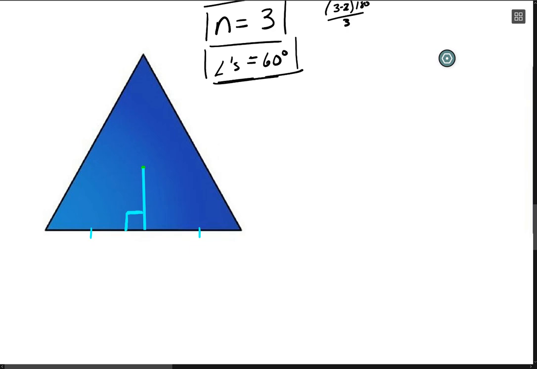The radius goes from what? The midpoint, no. What does it say about radius? The distance from the vertex to the center of the polygon. Okay. So, there to there, right?